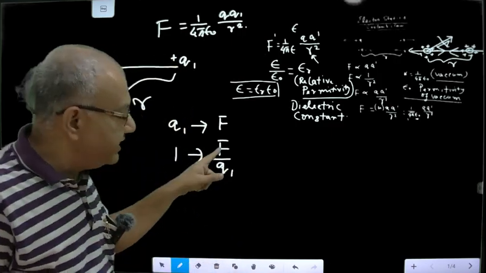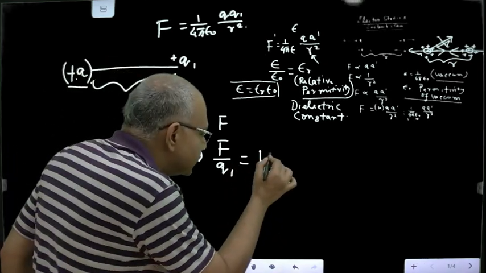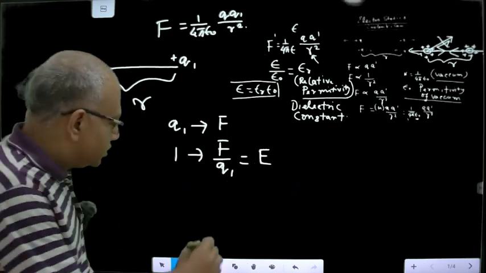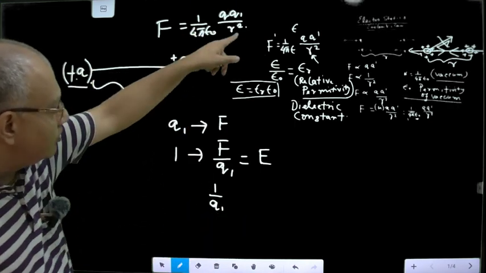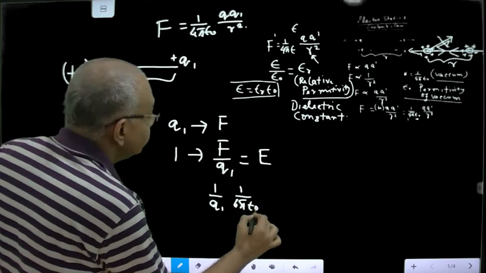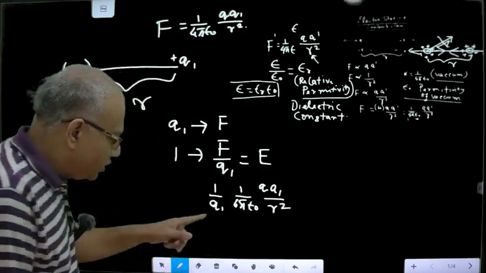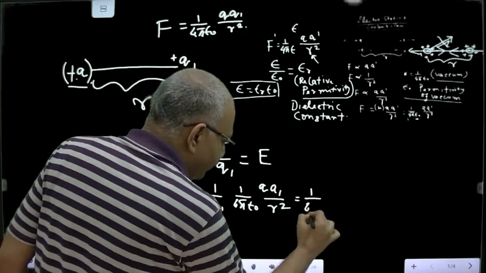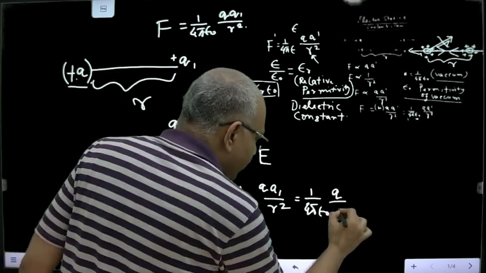The electric field intensity is force by charge. We write this as E. F by Q1 is equal to E. So 1 by Q1 into the value of F, we can put here: 1 by 4 pi epsilon naught Q Q1 divided by r square. Q1 gets cancelled. So the result is 1 by 4 pi epsilon naught Q by r square.